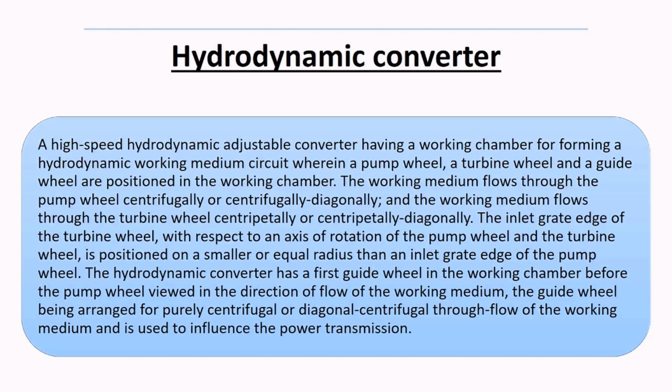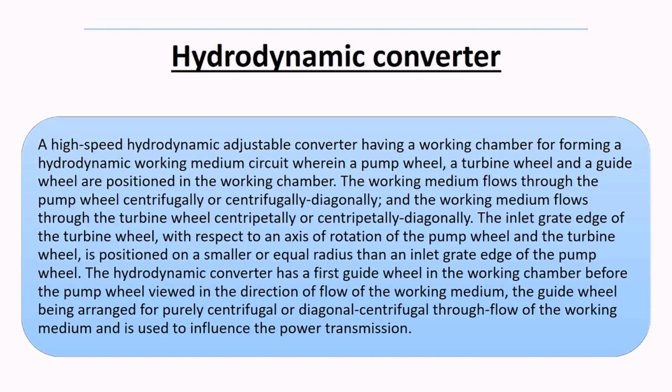As we can see on the screen, a hydrodynamic converter, a high-speed hydrodynamic adjustable converter, has a working chamber for forming a hydrodynamic working medium circuit, wherein a pump wheel, a turbine wheel and a guide wheel are positioned in the working chamber. The working medium flows through the pump wheel centrifugally or centrifugally diagonally, and through the turbine wheel centripetally or centripetally diagonally.